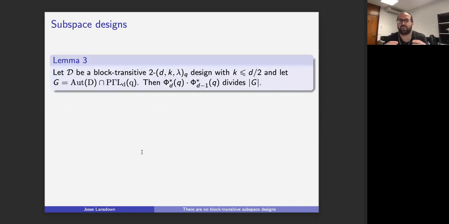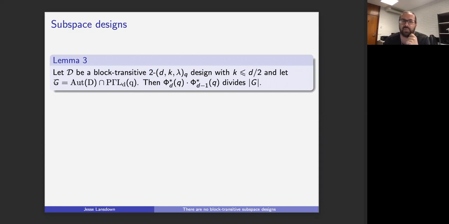And now here's the crux of our result, this lemma which connects the prime divisors to the order of G. Here you can see we've put in the simplifications where we're taking t to be 2, and we're saying that k has to be at most d on 2.